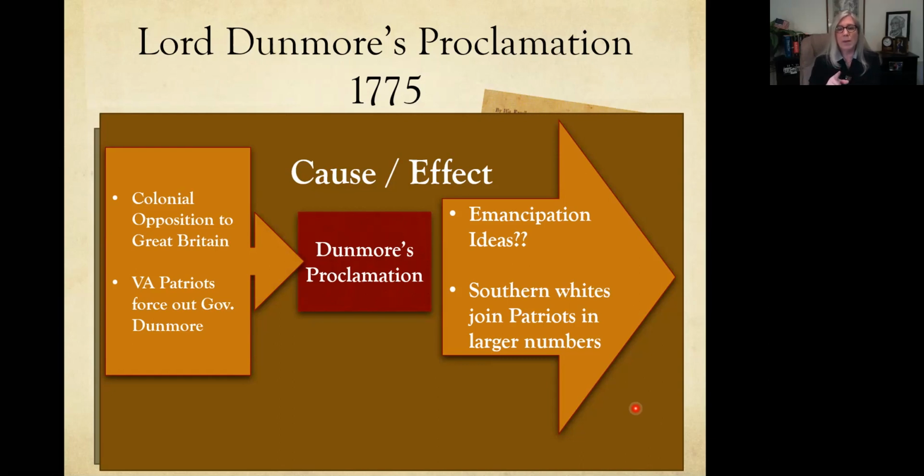Lord Dunmore's Proclamation is interfering with their enterprises or their businesses, and therefore some of those people who had previously been loyalists in the South are now going to shift to the Patriot side. Now, this doesn't happen so much in the North because you don't have as large of an enslaved population in the North. So those are going to be some of the long-term effects, really key issues that are going to be important.